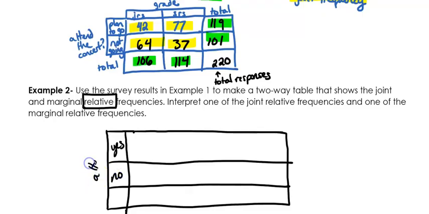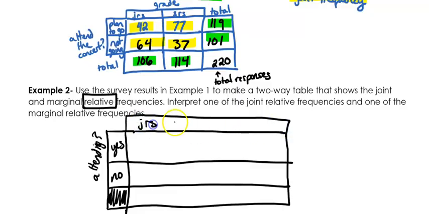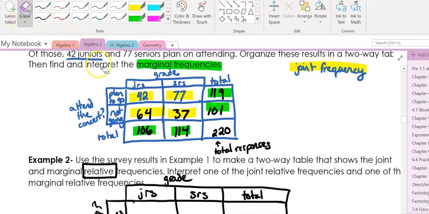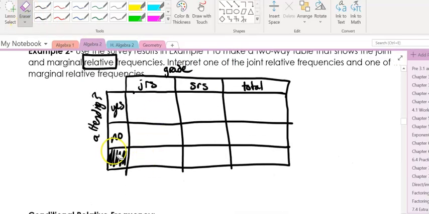I'm just going to put attending. This box isn't actually there. And then I'm going to have my juniors. I'm going to have my seniors. I have my total. This is our grade level. And I guess that box that I said shouldn't be there should technically be a total row.